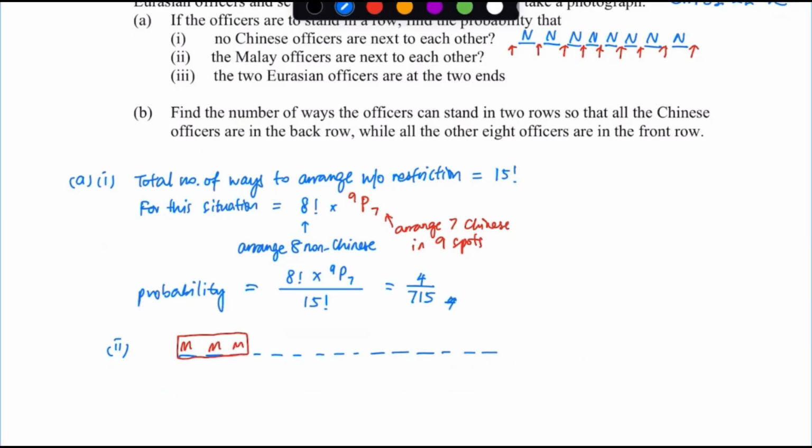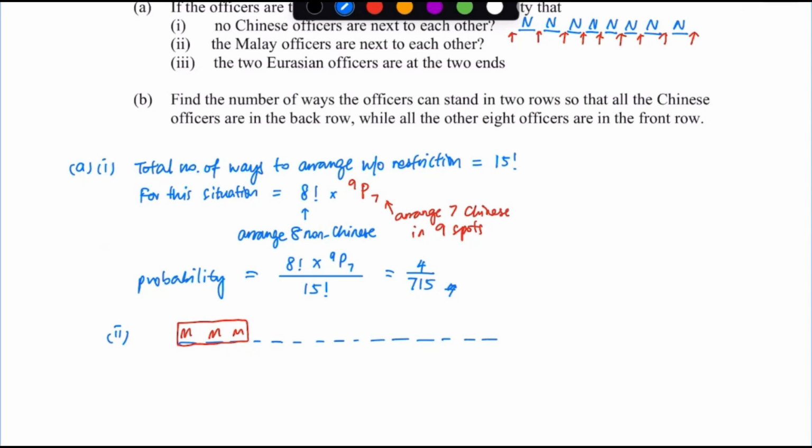So for this situation, how many ways are there to arrange? Let's permutate the 3 Malays first, so this is 3 factorial. Then how many are we arranging?